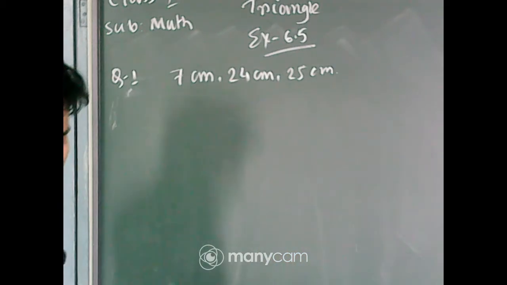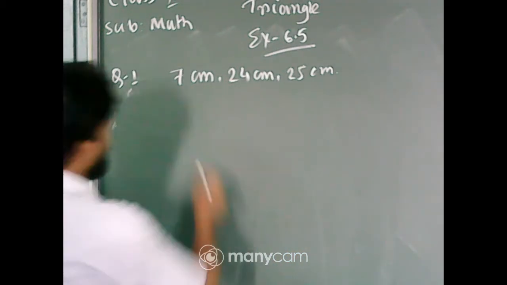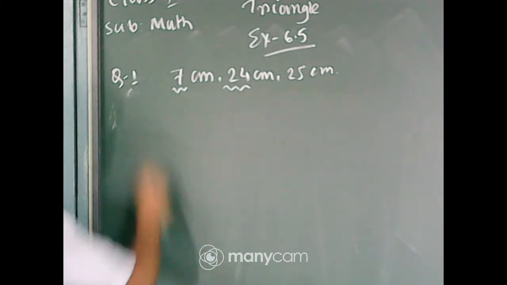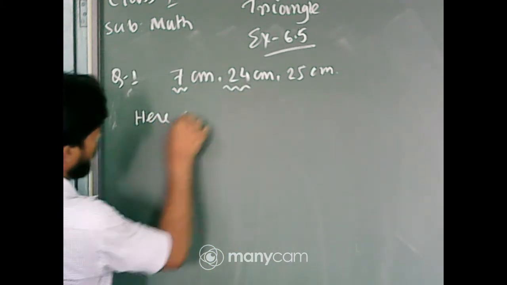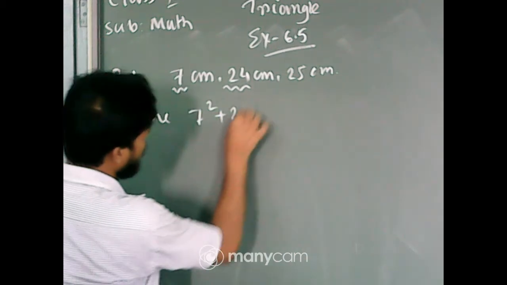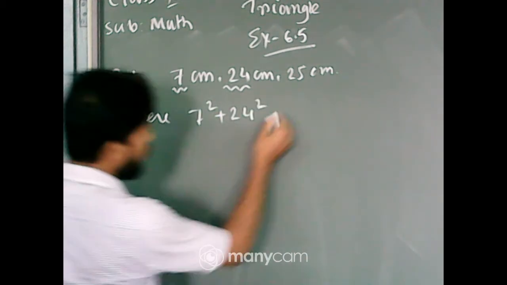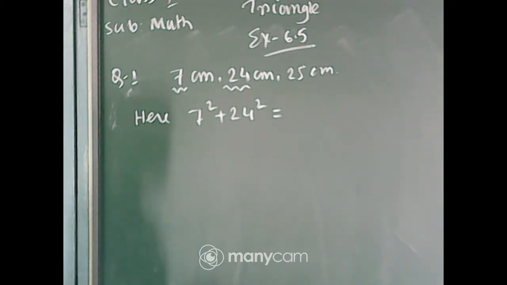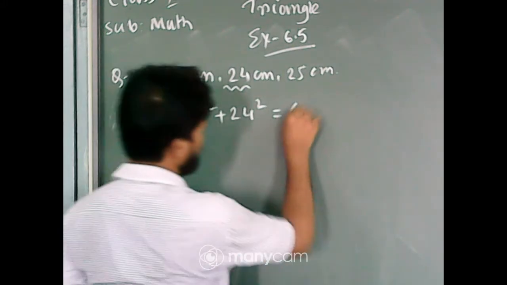We will add the squares of the two least sides of the triangle. Here, 7 square plus 24 square. What is the value of 7 square? Yes, 49.